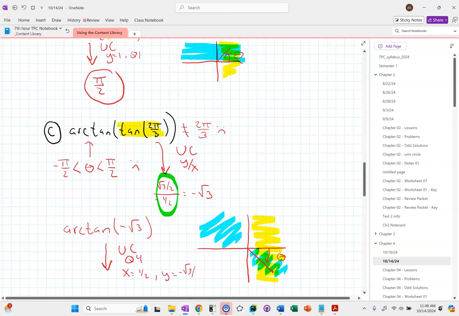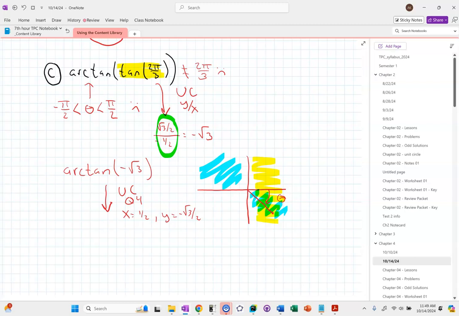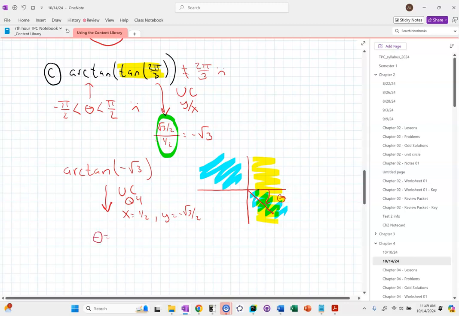So I'm looking for that spot. So what angle in the fourth quadrant has an x coordinate of positive 1/2 and a y coordinate of negative root 3 over 2? Radians, please. 5 pi over 3. Everybody okay?